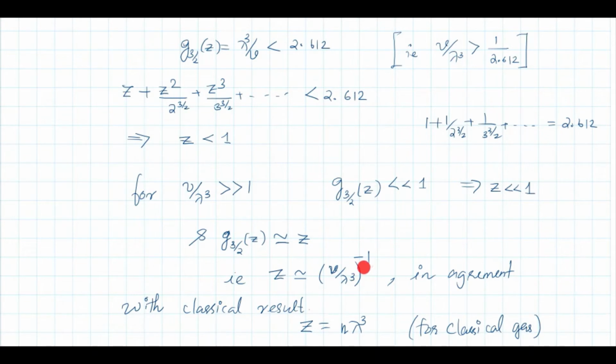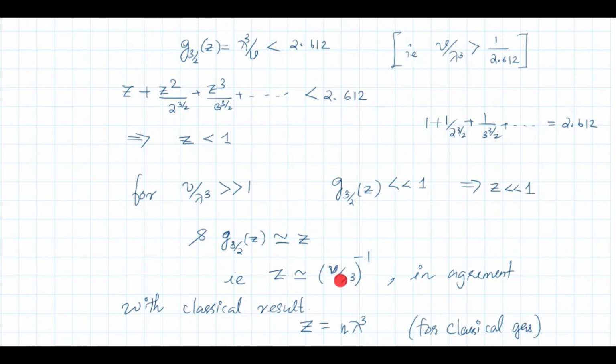Okay. So what is the classical limit or classical value of Z? In the case of classical statistical mechanics, in the grand canonical ensemble, we calculated the Z value and we obtained it as n lambda cube, and this is exactly that value because this V is actually 1 by n.